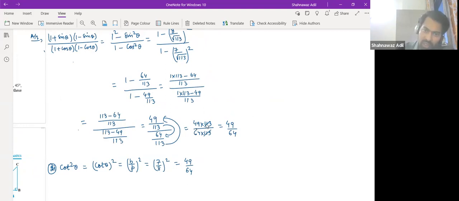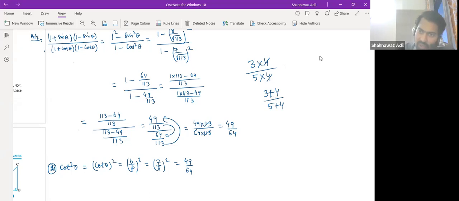Say 3 into 4 divided by 5 into 4: this is 4 by 4, which we can cancel, because it is multiplication. It is not 3 plus 4 and 5 plus 4; in that case we cannot cancel.